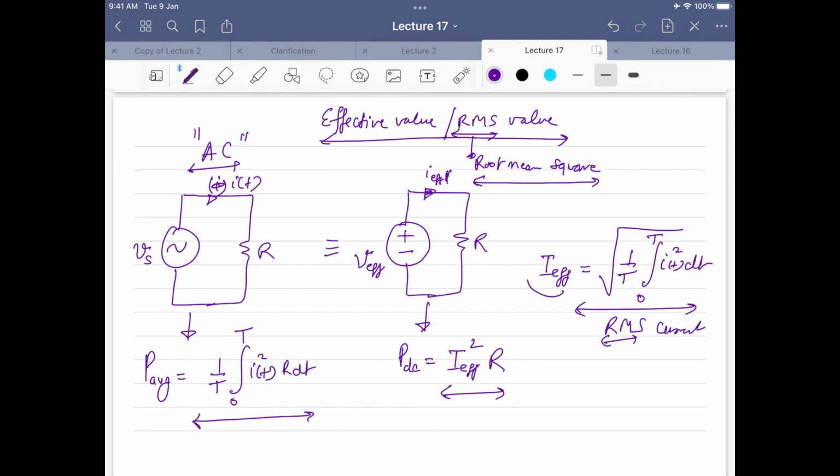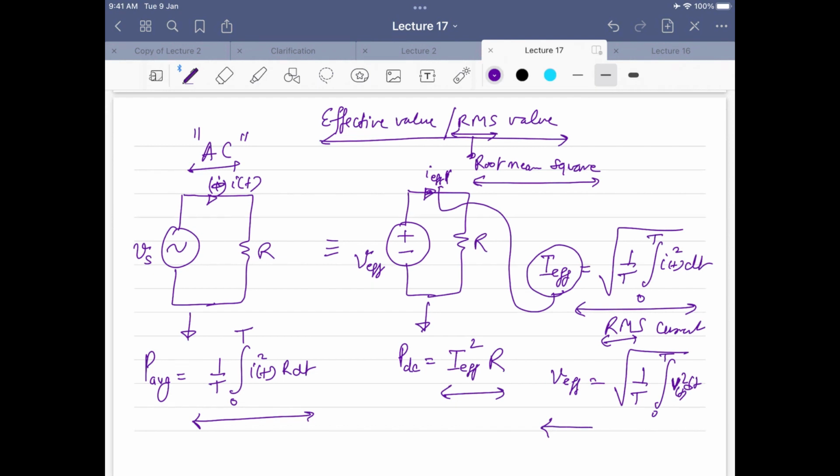Similarly, the effective voltage which can replace the alternating source is the square root of 1 by T integration from 0 to T of v squared dt. Please note this v is a function of time t.